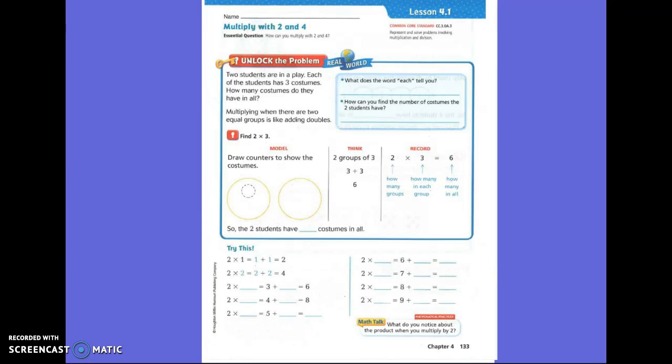Write that down. Both students have 3 costumes. That's what each means. It means both of them have costumes, not just one of them. Both of them have 3.